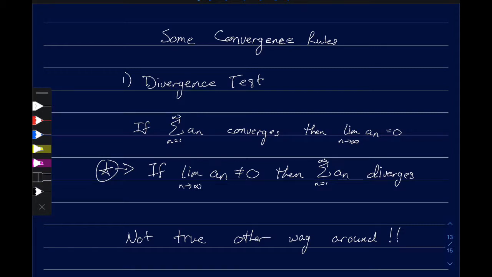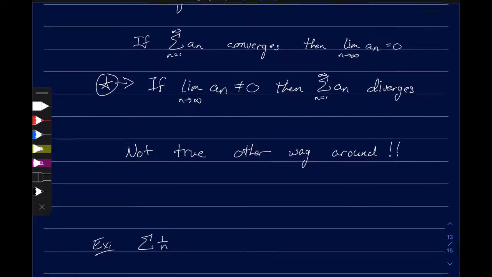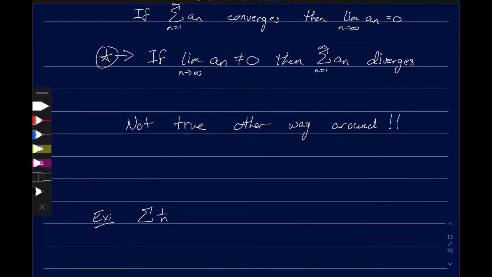We can take the contrapositive of this, and we get this very important divergence test, which says that if the limit of the sequence is not equal to 0, then the sum diverges. And it's not true the other way around.